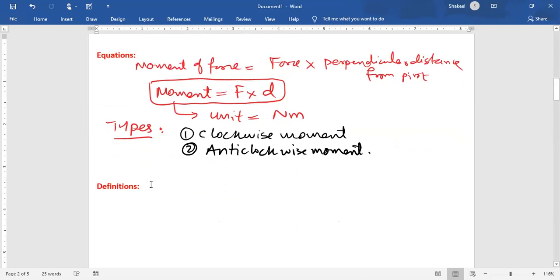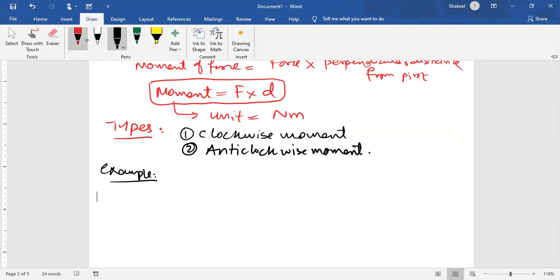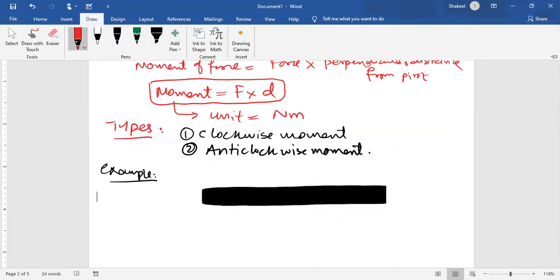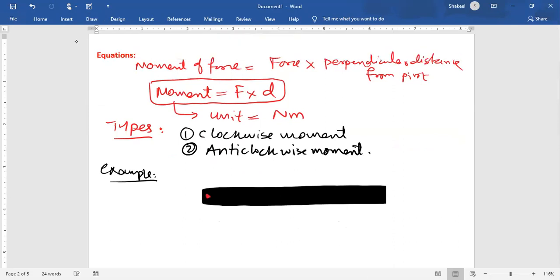Now let's look at a simple example. Let's say we have a beam, and this is the pivot, which can be a nail inserted into the wall.